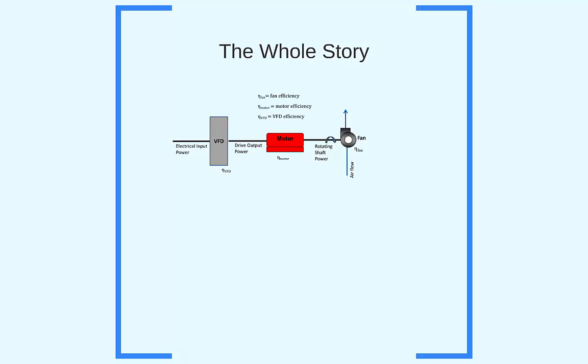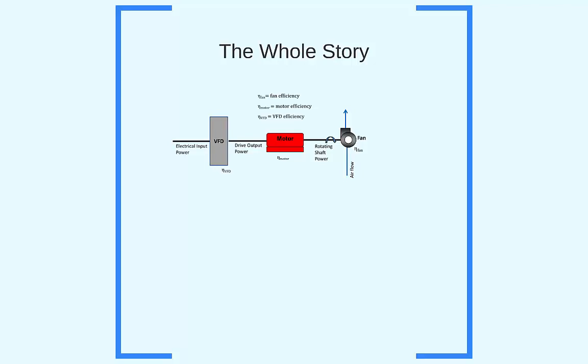The efficiency of the fan, that is, its ability to convert the power of the rotating shaft into increasing the pressure of the air and subsequently driving flow, does not change drastically at low loads. However, the efficiency of the motor, that is, the ability to convert electrical power into rotating a shaft, does drop off at low loads.